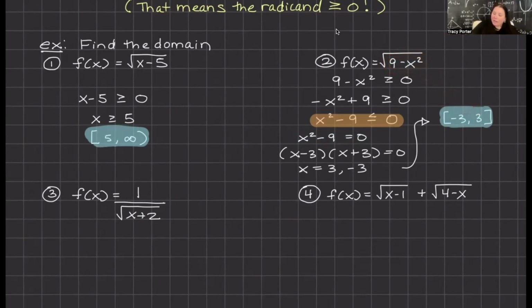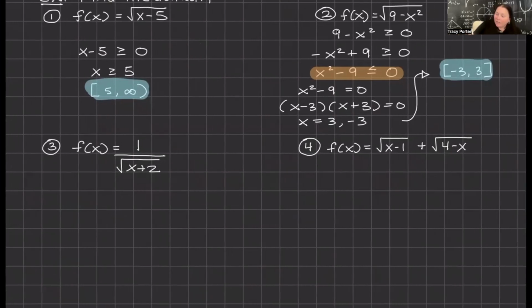Now let's look at the third example down here. The only difference with this one is the radical is placed in the denominator, which means the radicand is going to strictly have to be greater than 0. So instead of solving x plus 2 greater than or equal to 0, we're just going to solve x plus 2 greater than 0.